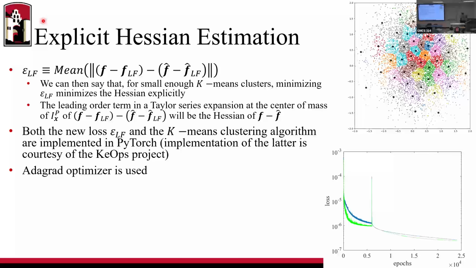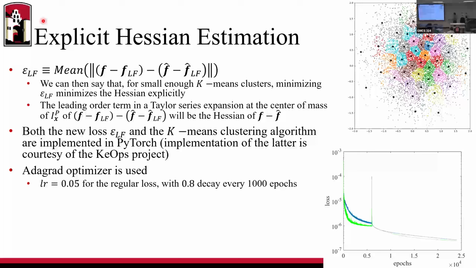Okay, and then for both kinds of losses, we're using the Adagrad optimizer just to define the training process. For the RMS loss, we're using a learning rate of 0.05 with a 0.8 decay every 1,000 epochs.